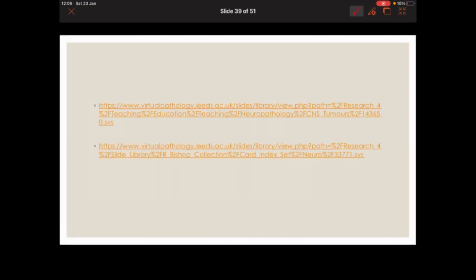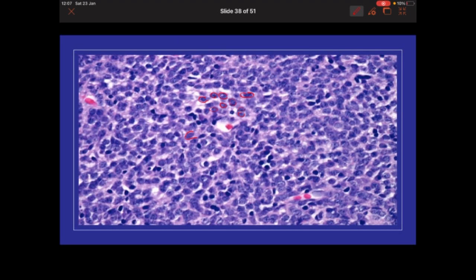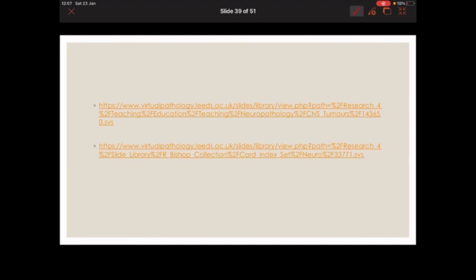Later I'll show you the virtual slide of this medulloblastoma. But when you see a tumor in children located at the posterior fossa and cerebellum, with primitive looking small round blue cells with very scanty cytoplasm and brisk mitotic activity, you can diagnose this as a medulloblastoma.